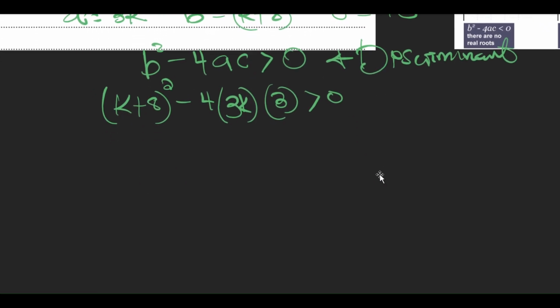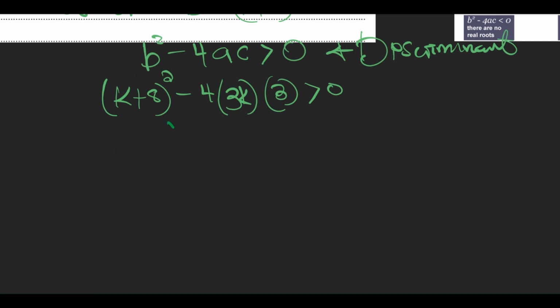This is a quadratic expansion, and if you expand that, you end up with k squared plus 2ab, so 2 times 8, that will be 16k, then plus 8 squared, that will be 64, then minus 4 times 3 times 3, that will give you 36, so this is minus 36 is greater than 0.